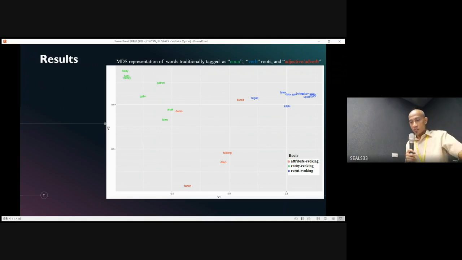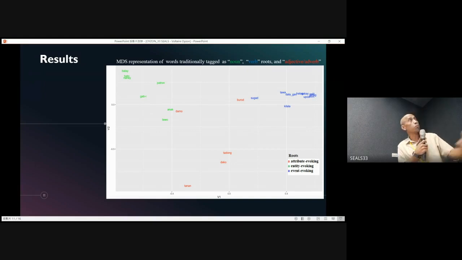Traditional tagging of Waray words is not entirely correct. For example, the word damo, the one in green, is traditionally tagged as an attributive, but in the corpus, it behaves like a noun. Damo means many. It is traditionally tagged as modifier. However, in the corpus, it is mostly used as a reference, secondarily as a predicate, and tertiarily as a modifier.